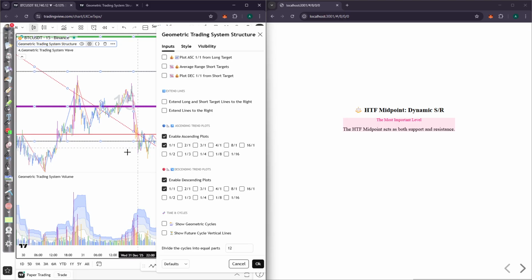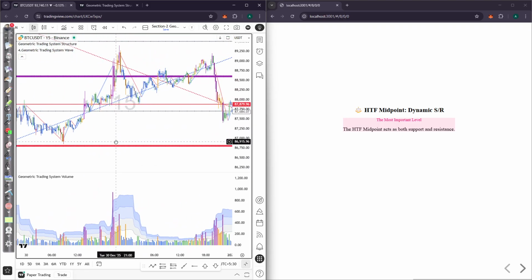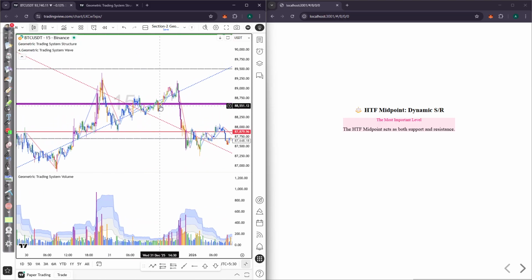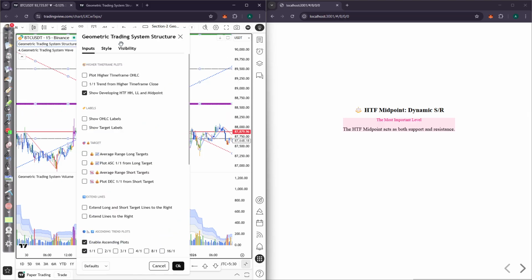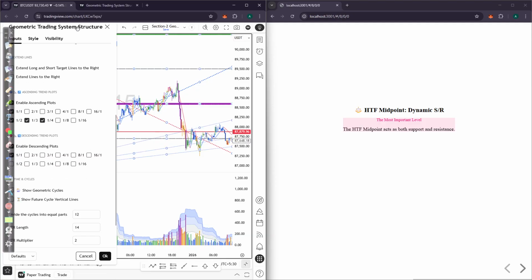If I enable the ascending trend lines, you see this was coming down here. So the market didn't close above the midpoint. Now if I enable half of that, you'll see here 1/3, 1/4. So let's see.